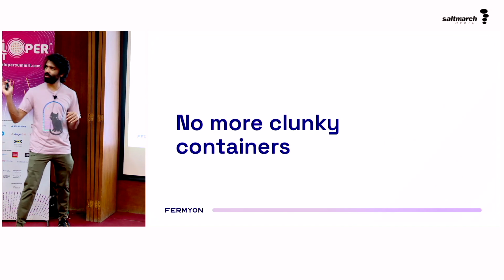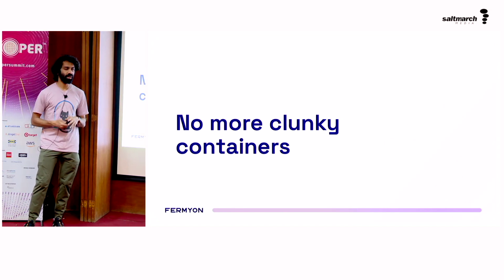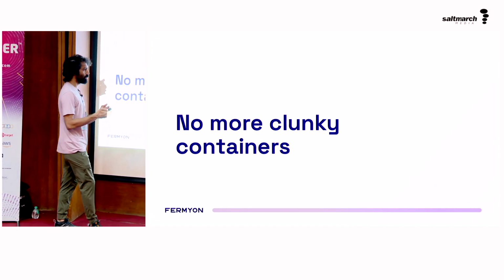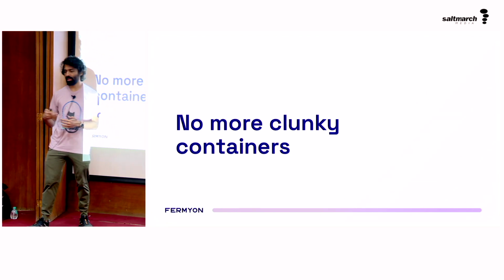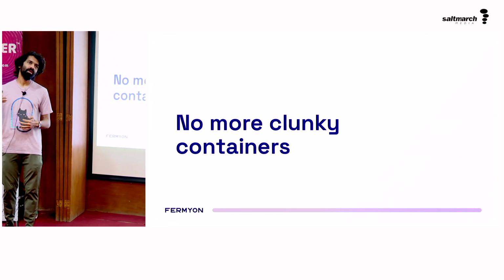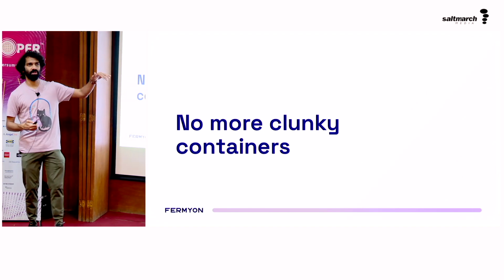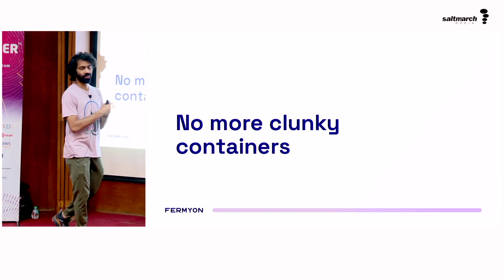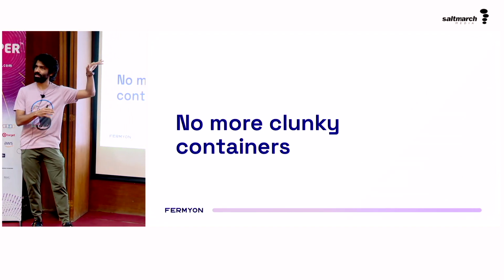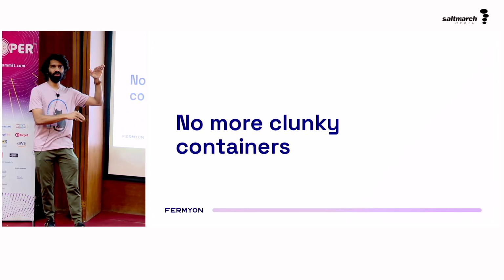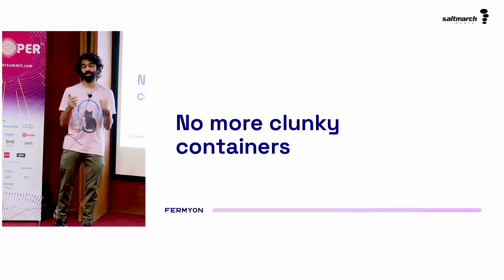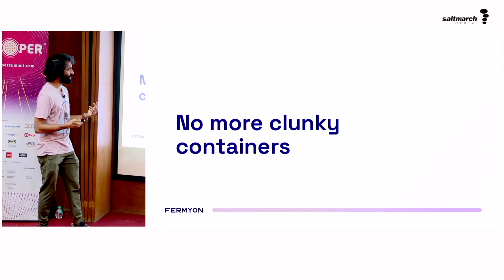Anyone here use containers at work? Few of y'all, all right. So the one big problem with containers right now is that when we're provisioning a container, we do that for the maximum usage. And very often there's a difference between your peak usage and your average usage. If you can get those as close to each other, you're doing a good job. But typically that's not the case.